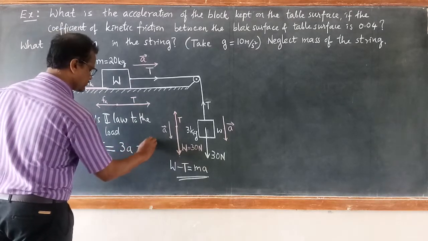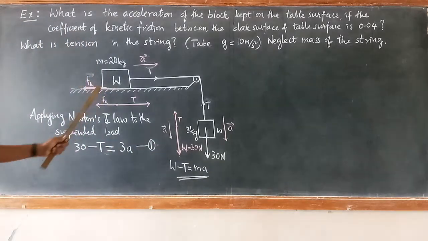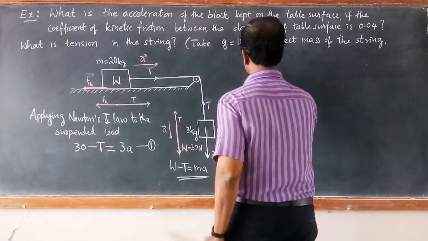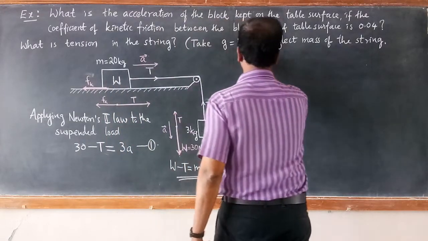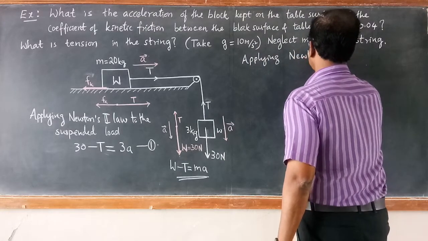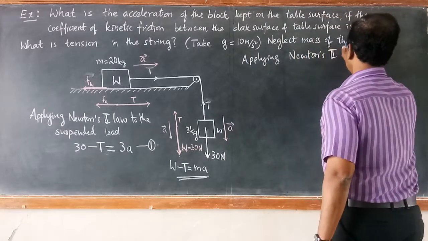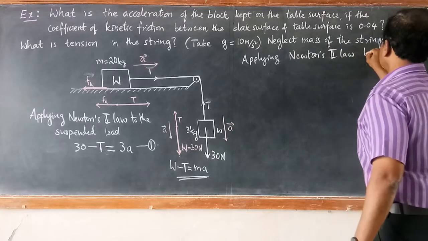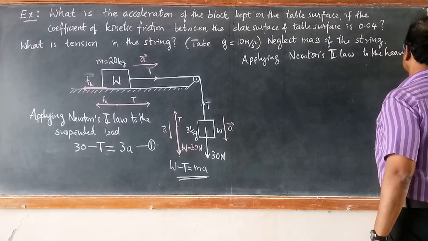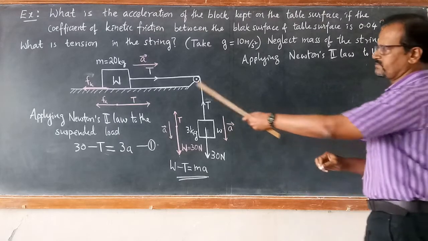Okay, you can call this equation number 1. Similarly, applying Newton's second law to the heavy block on the table surface.